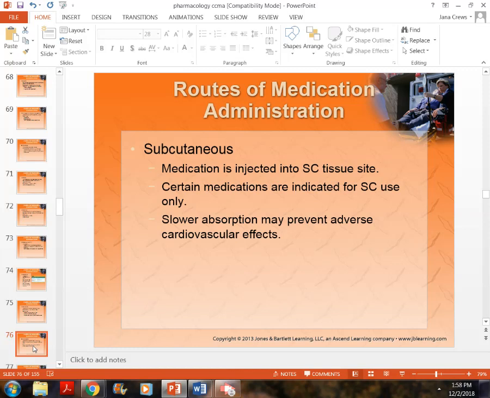So for a diabetic patient, we want to give them that rapid insulin, and we want it to wait about 30 or 45 minutes before it starts to act, so that they have time to eat. The longer acting insulin, we still give that sub-Q, but we want it to have the right action or onset time. So there's slower absorption when it's something given subcutaneously.